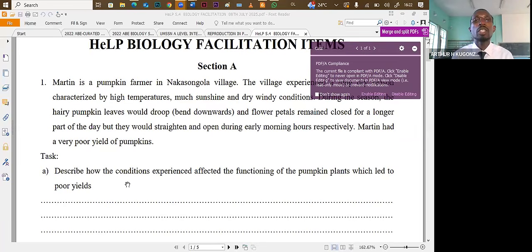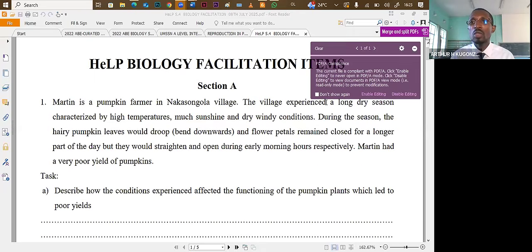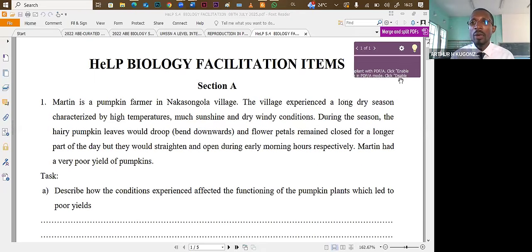Like I told you, the most important thing on the scenario is the task. The task means what you are going to respond to. Yes, they have given you a scenario, but on that scenario, what are you going to respond to? The scenario is about pumpkin farming in Nakasongola village, the conditions faced by that village, and how the plants are responding to these changing environmental conditions.